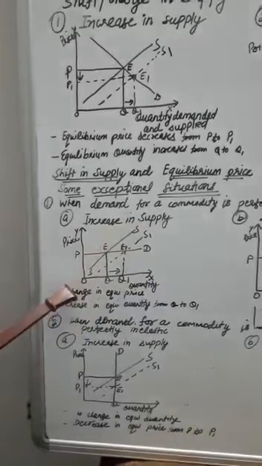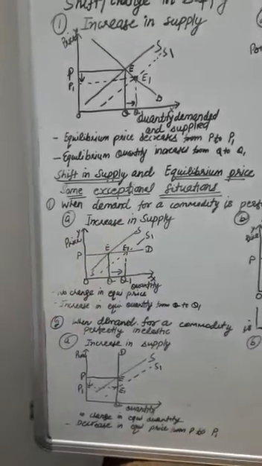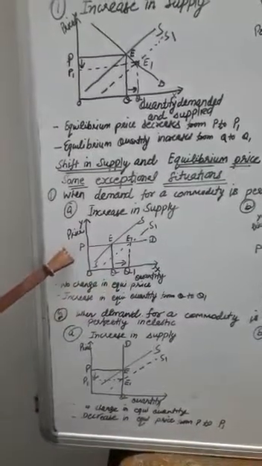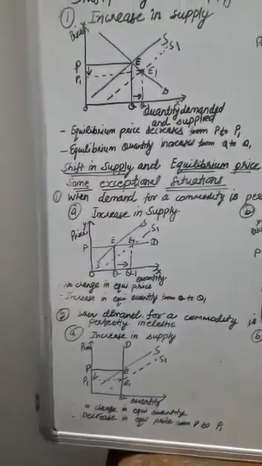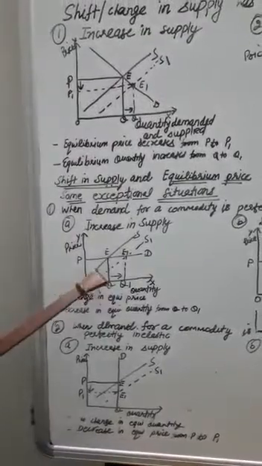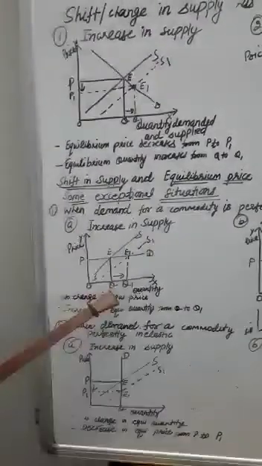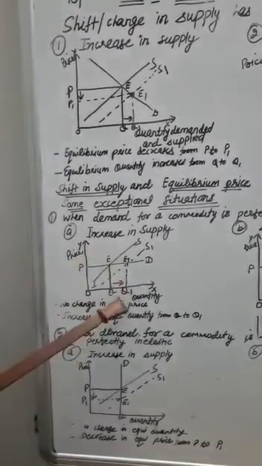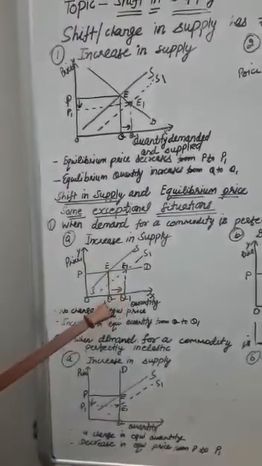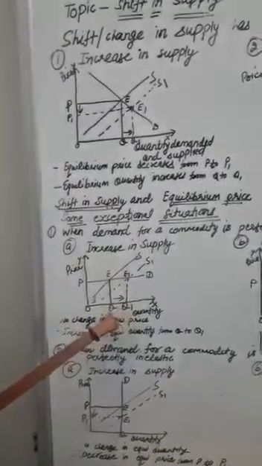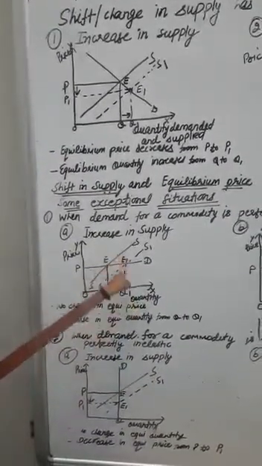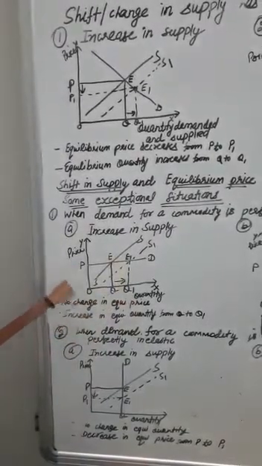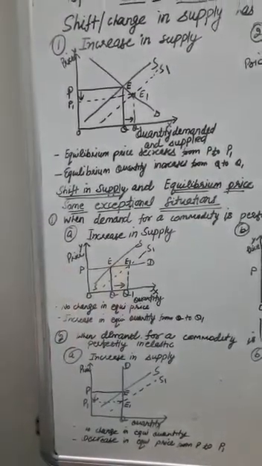S is supply curve, E is the equilibrium point, equilibrium quantity is Q, equilibrium price is P. Now supply increases, again supply curve shifts to the rightward side. New equilibrium is at E1. So there is increase in equilibrium quantity from Q to Q1. Now new equilibrium quantity is Q1, whereas there is no change in equilibrium price.